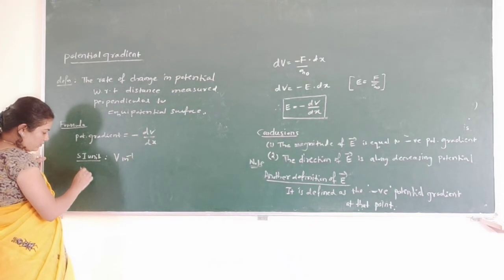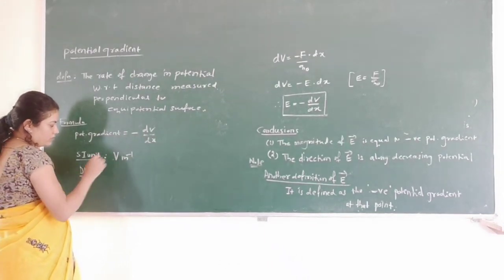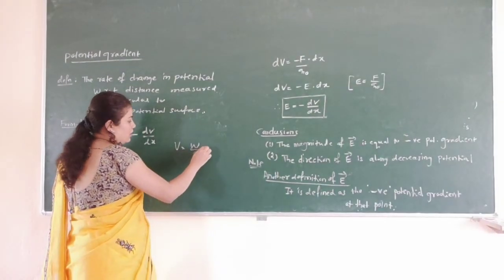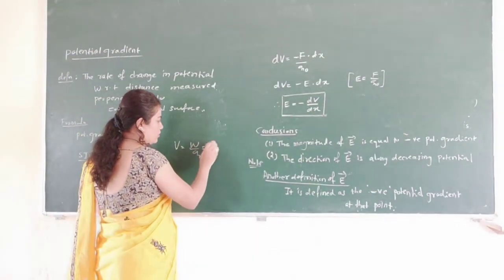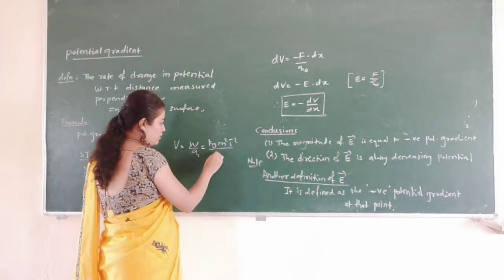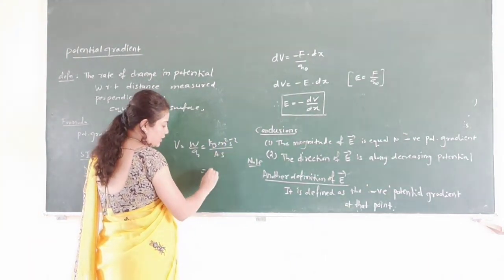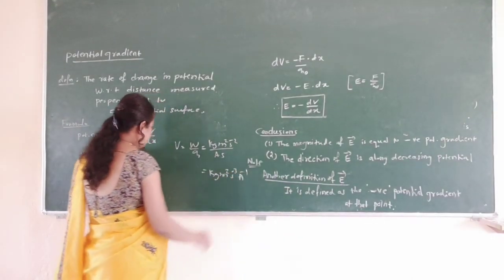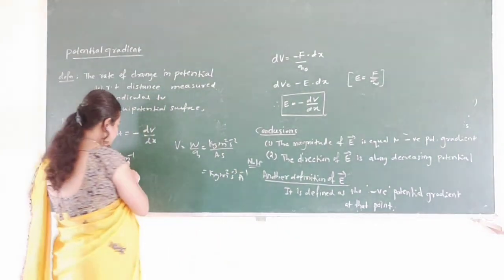Dimensional formula, write this. Volt means W divided by Q. W equal to what? Joule, or kg meter square per second square. Charge is ampere second. So kg meter square per second cubed per ampere. This is per meter.